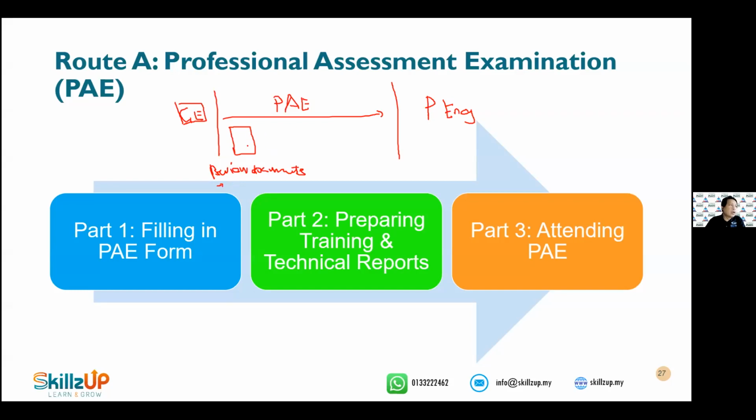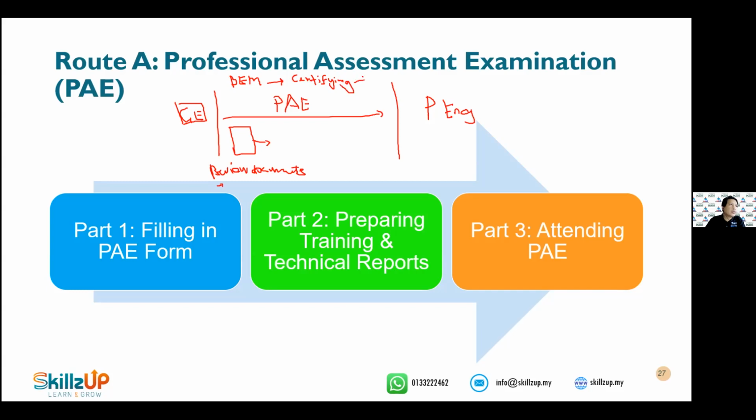If you are able to pass through this process, then the board of engineers has appointed a so-called certifying body to perform the assessment.